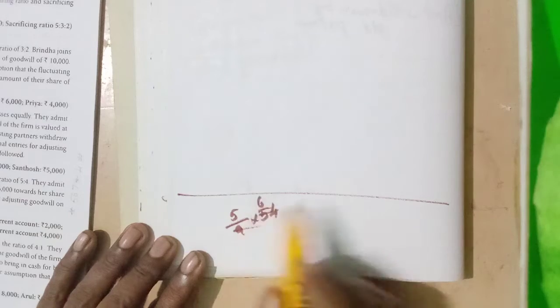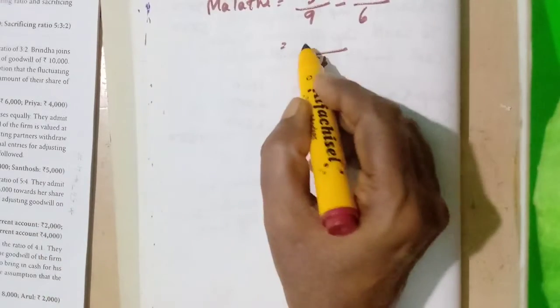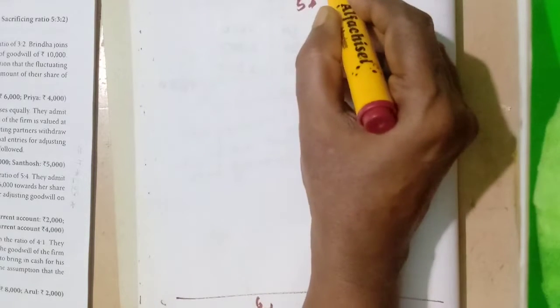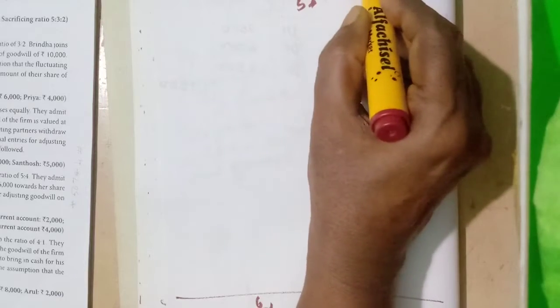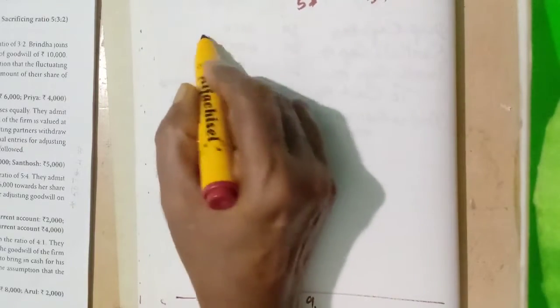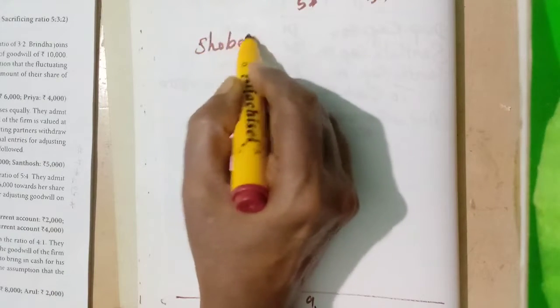So 6, 6 5s are 30, minus 3/6 into 54, 9, 9 3s are 27. Equal to 3/54. Then next partner Shobana.